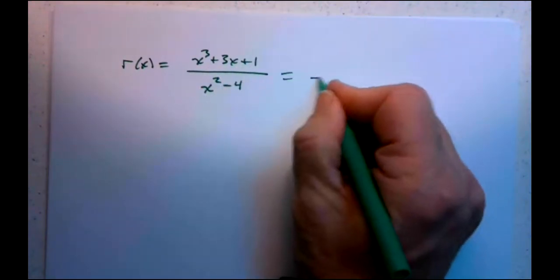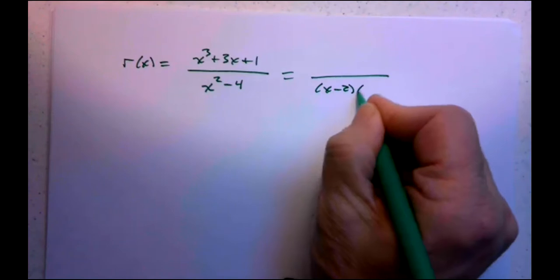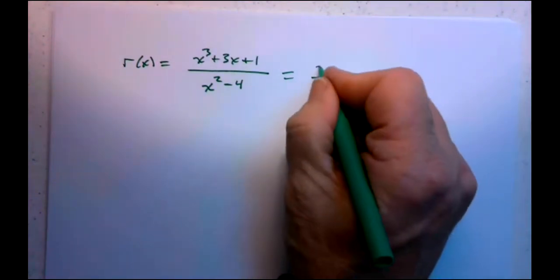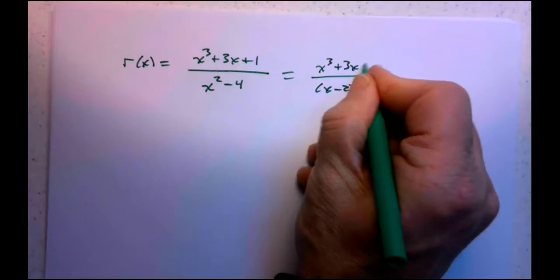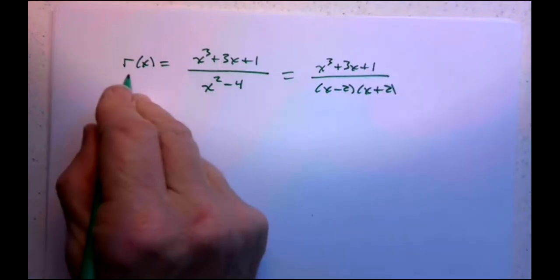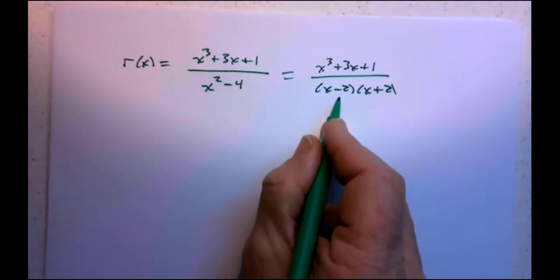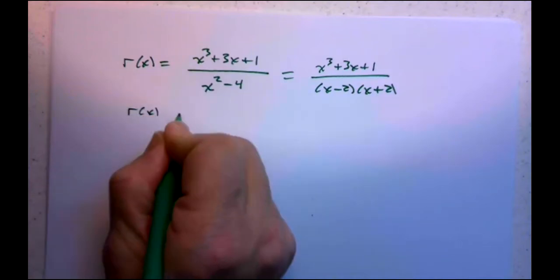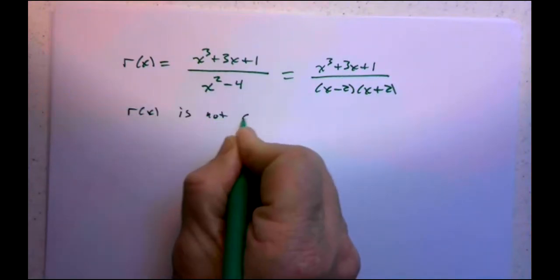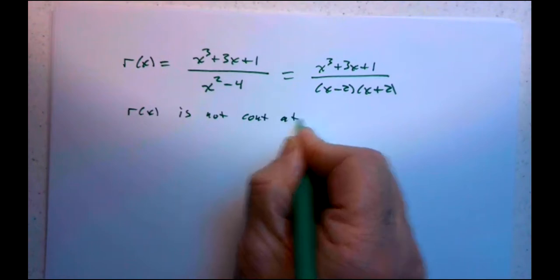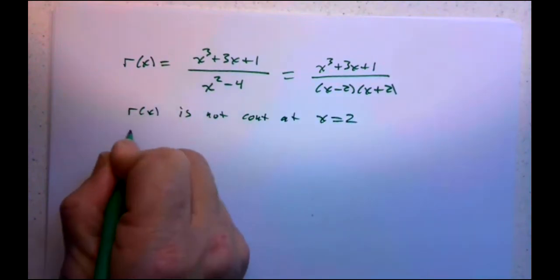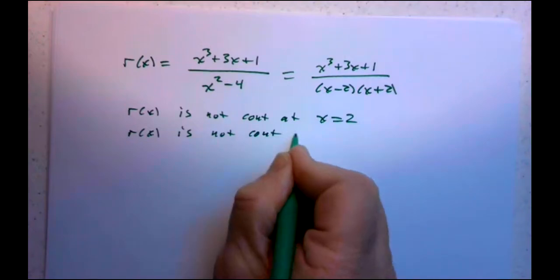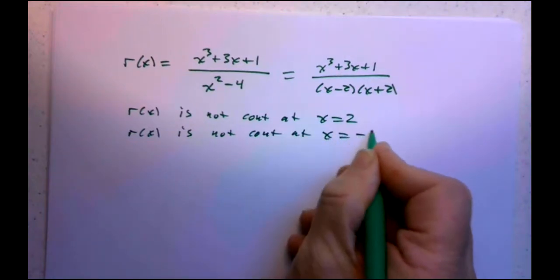The bottom can factor into x minus 2 times x plus 2. Whether it divides out of the top or not, I don't think it does, but it doesn't matter, frankly. The rational function is continuous everywhere in its domain, so it cannot be continuous at 2, it cannot be continuous at negative 2.